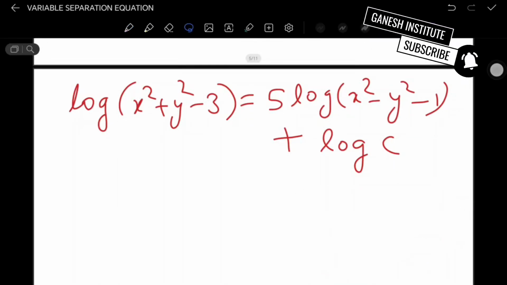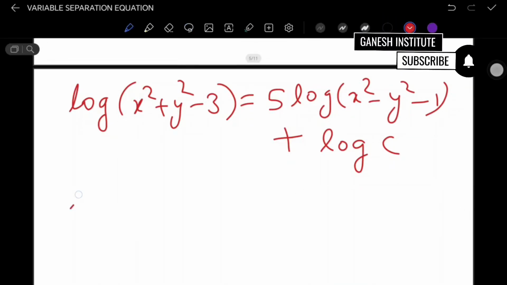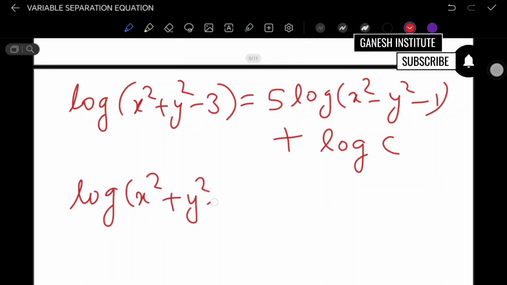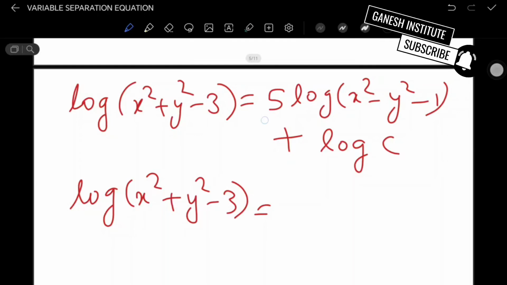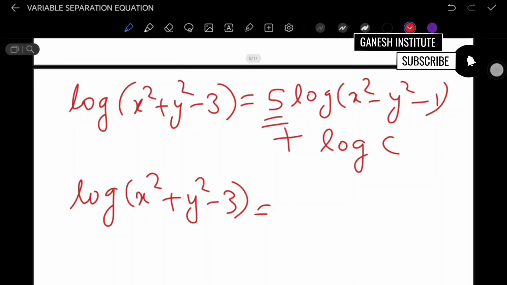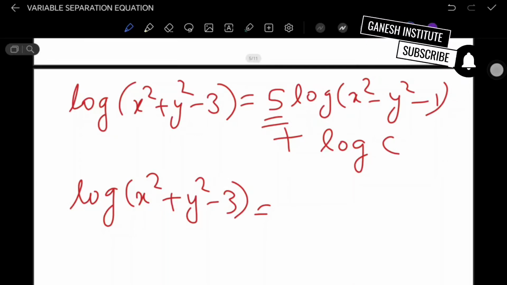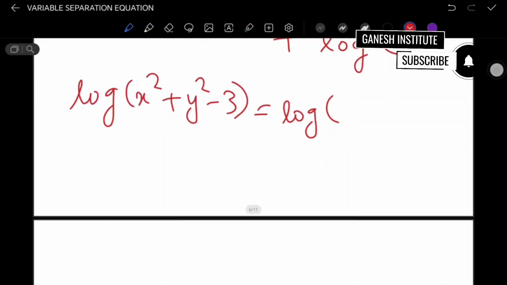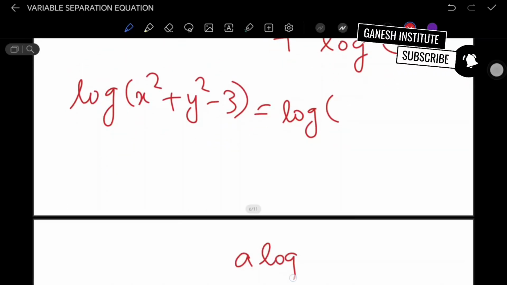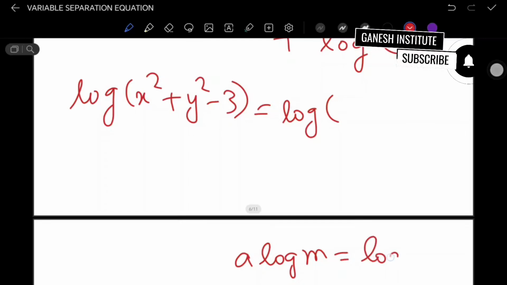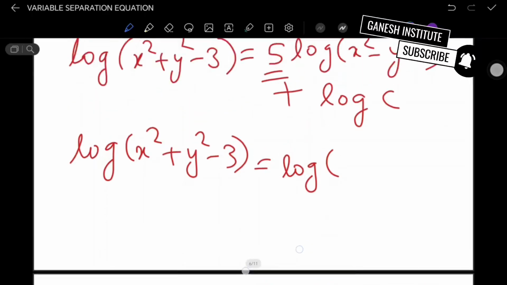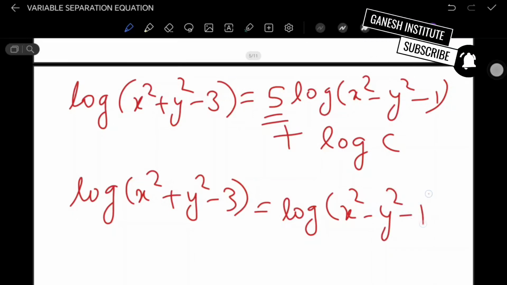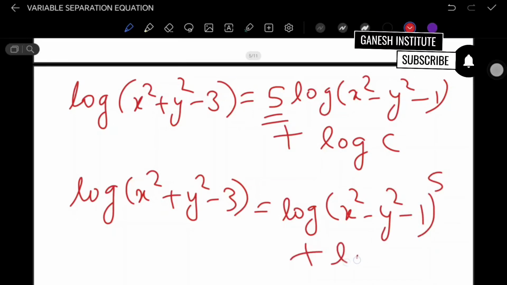Okay, so now what can I do to simplify it further? This is fine. You know that if any number is there, you can take this coefficient in the power form when it is log, because a log m can also be written as log m raised to power a, right? So let's apply that. X square minus y square minus 1 raised to power 5 plus log c.